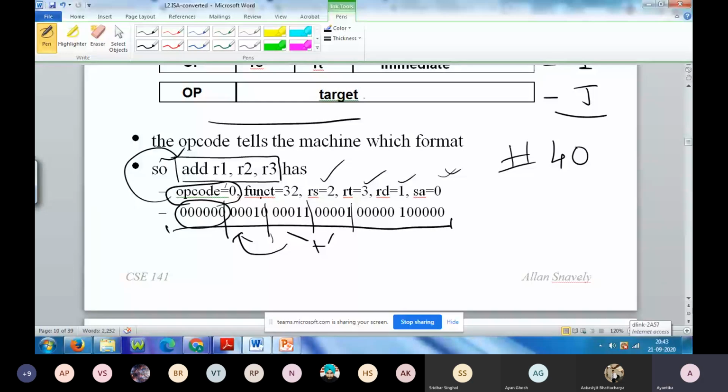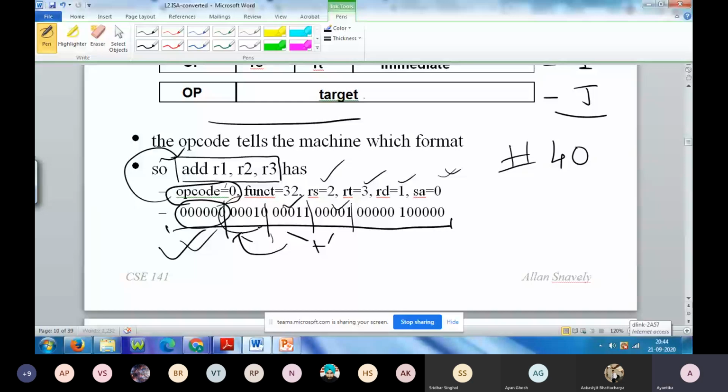This is my register address. Next to this one, the other two give you two register values from which I have to fetch the operands. Maybe register 2 is holding some value, maybe 40, and register 3 is holding maybe 50. Then I have to do the addition, which your hardware will know from the opcode, and that value will get stored in this part.